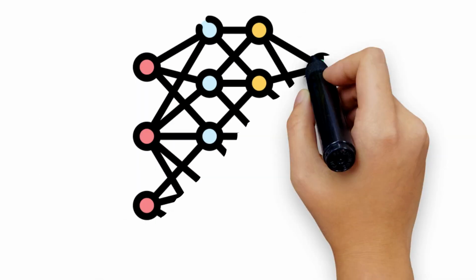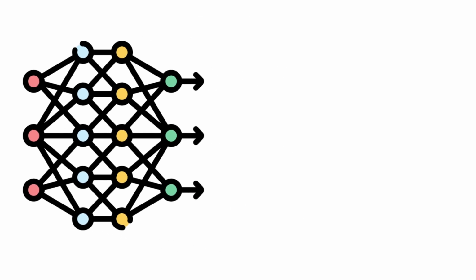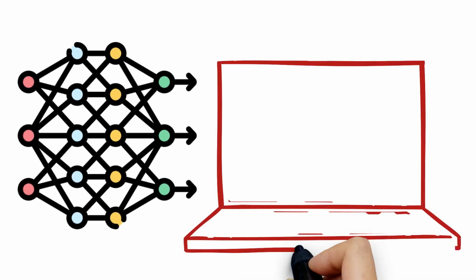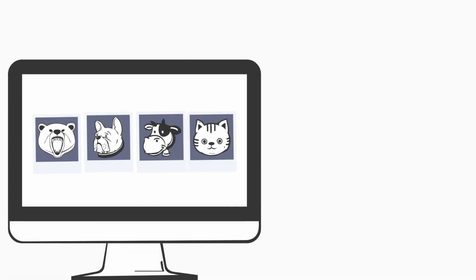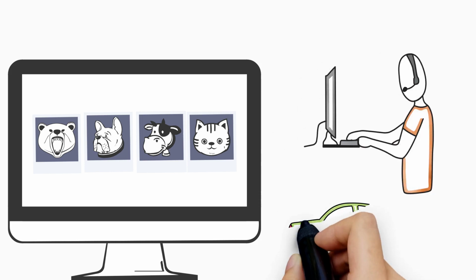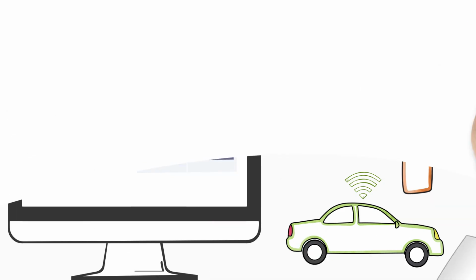A neural network is like a big puzzle with lots of pieces, and each piece is called a neuron. These neurons work together like a team and help the computer understand things. When we show the computer lots of pictures, it can learn to recognize faces in pictures, understand what people are saying, and even drive cars by itself. It's like a magic brain that helps computers understand and do things just like humans.